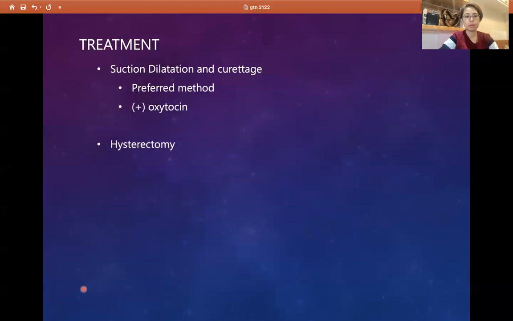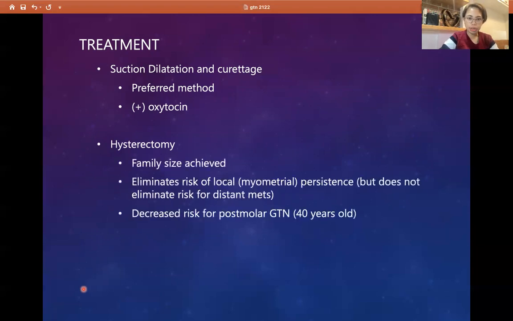The second mode of treatment can be hysterectomy. This is more commonly offered among patients who are already able to achieve their family size, or fertility is not anymore an issue. What's the benefit of hysterectomy? It eliminates the risk for local, or we call it myometrial, persistence.